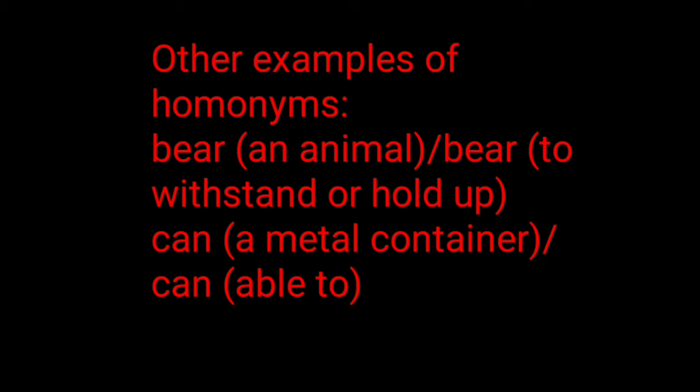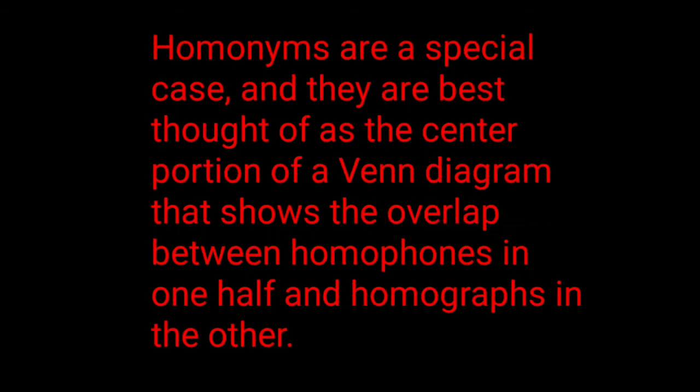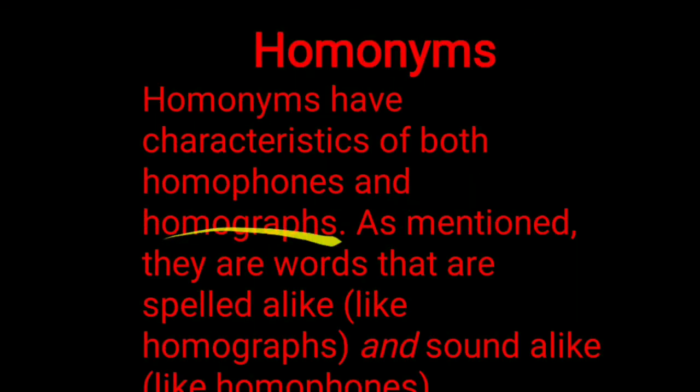So here you get the characteristics of both homographs and homophones. So for homonyms we may consider can, a metal container, or can, that is able to. So this is our homonyms, where we get homographs as well as homophones.